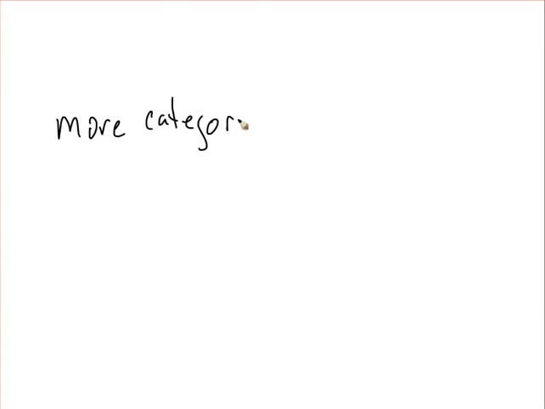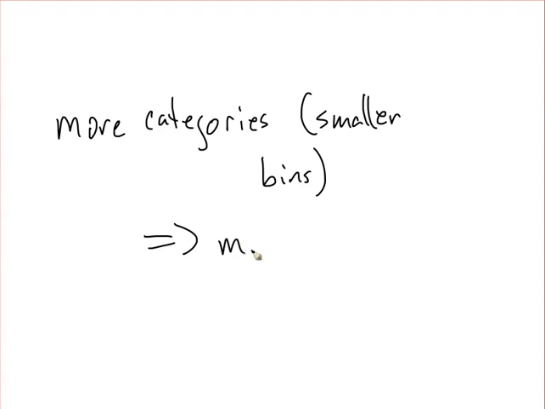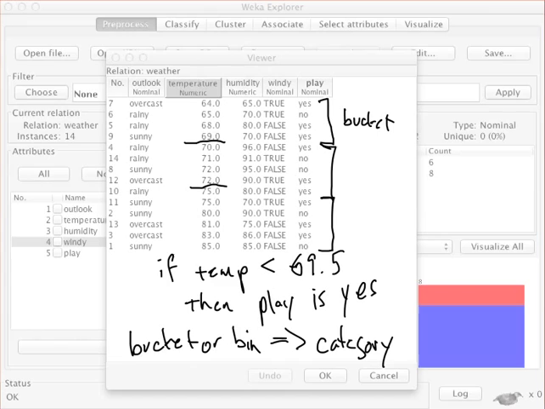So more categories come about from smaller bins or buckets. And what that means is more accuracy. So that's why as we decrease the bucket size, we found out that the temperature rule won out over the outlook rule.